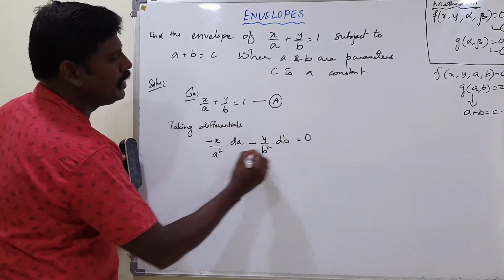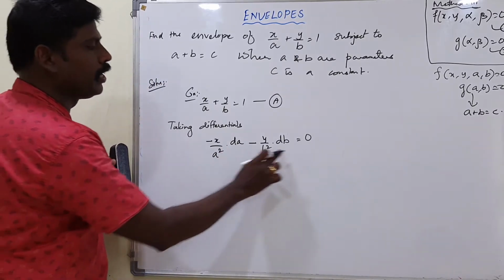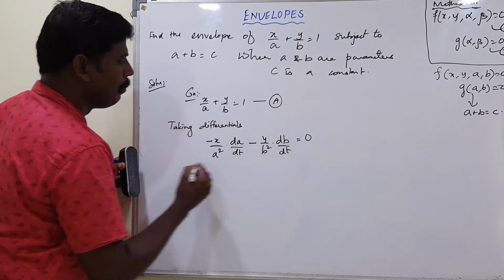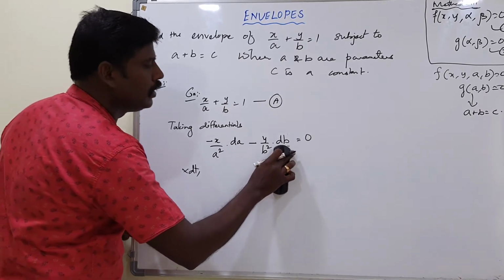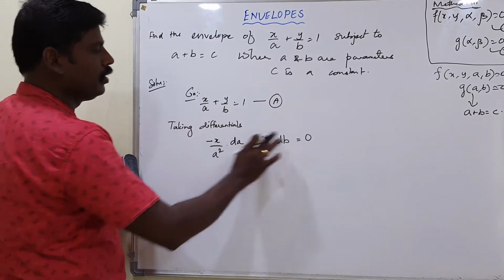Multiplying by dt eliminates the dt, so no need to write it. Directly I write it as taking differentials. That's all.